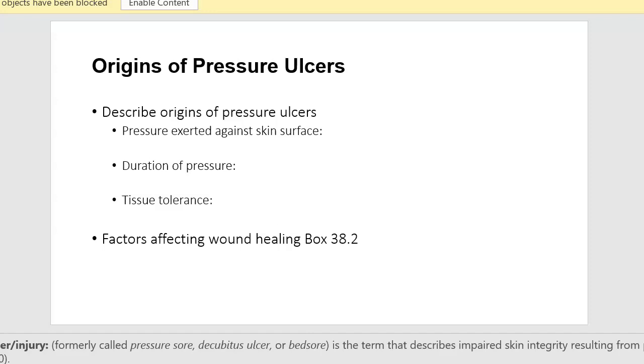And I'm hoping that you think about your anatomy and physiology class, how the skin works and what helps support the skin. Again, when those vessels are occluding, all that tissue cannot work the way that it should. Remember to look in your textbook, box 38.2, that talks about factors affecting wound healing.